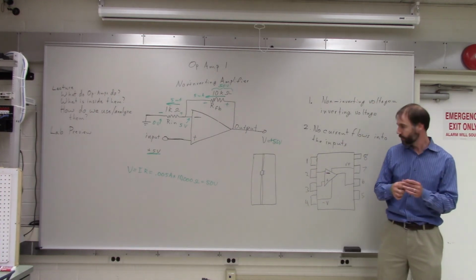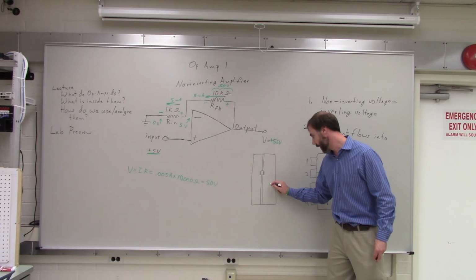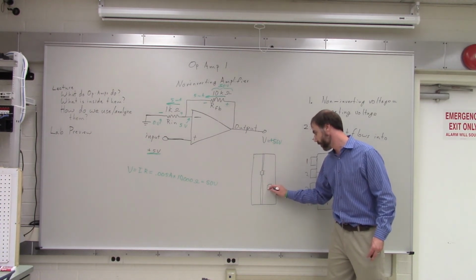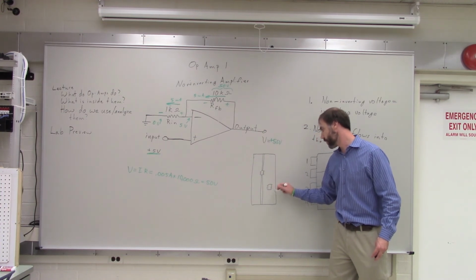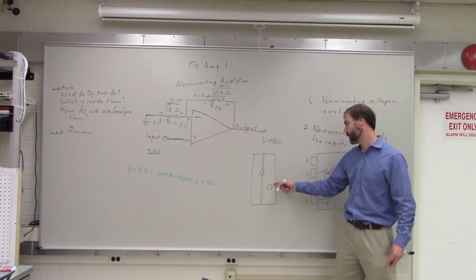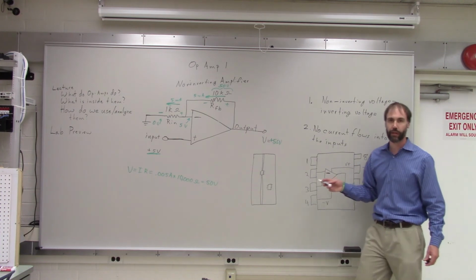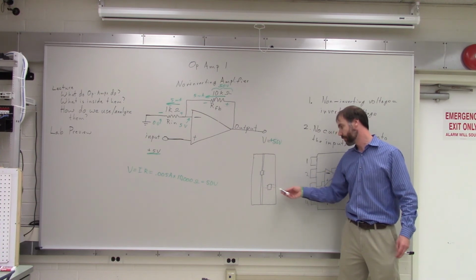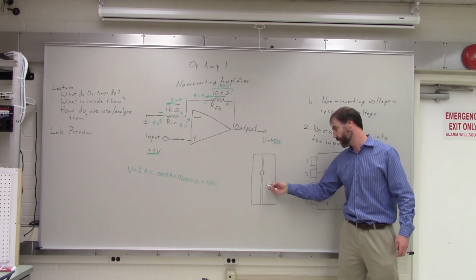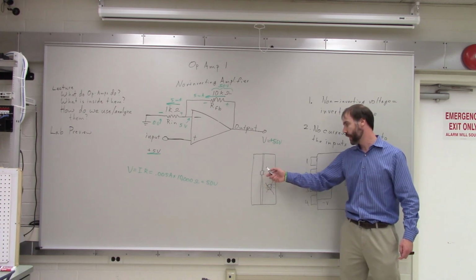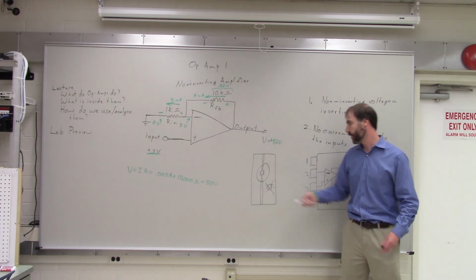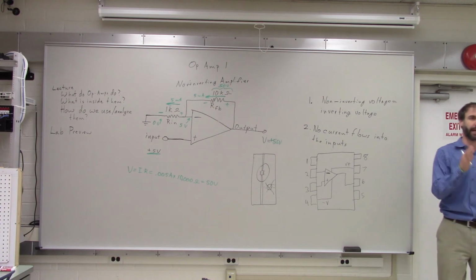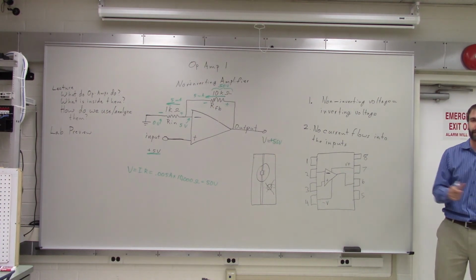Okay? If you put the chip, say, over here, then terminal 1, for instance, is going to be connected to terminal 8, right? Because the connections in a breadboard go side to side like this. So do not do this. Make sure you put it right here in the middle of the board so that half the legs are on the left of the board and half the legs are on the right. Okay?